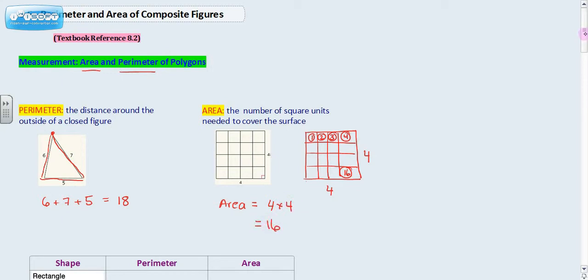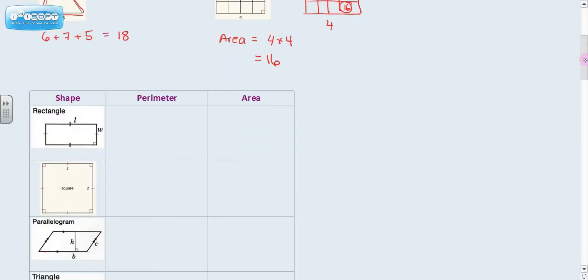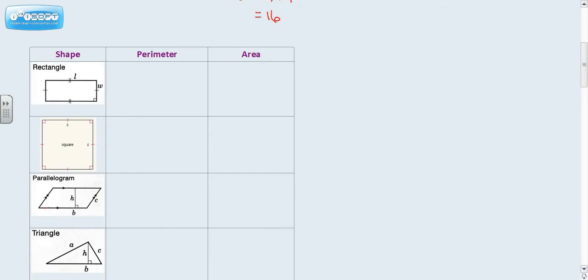So let's look at the area and the perimeter of different polygons that we've learned so far. The first one we have here is a rectangle. A rectangle has the side lengths of L and W for length and width.